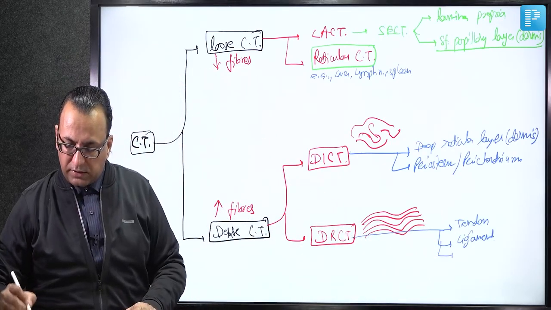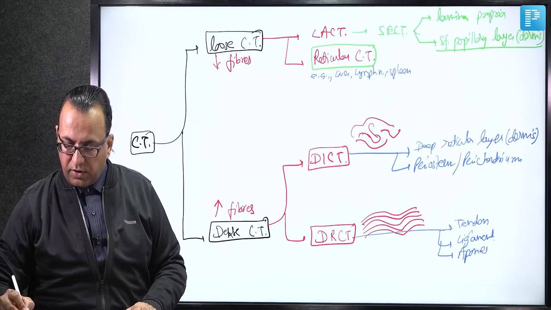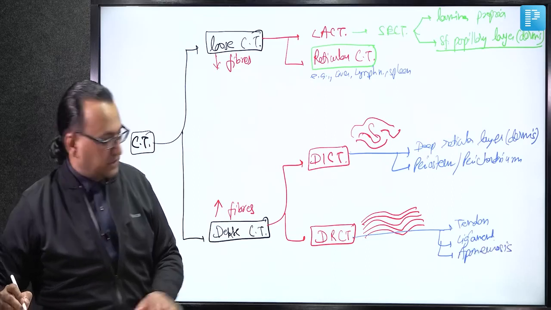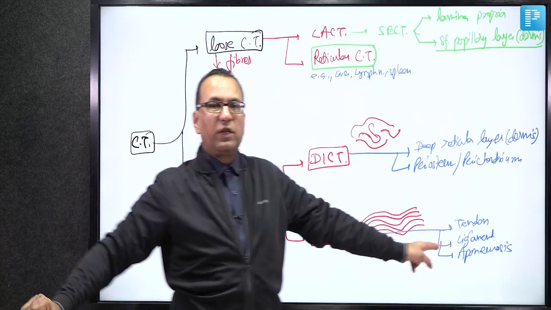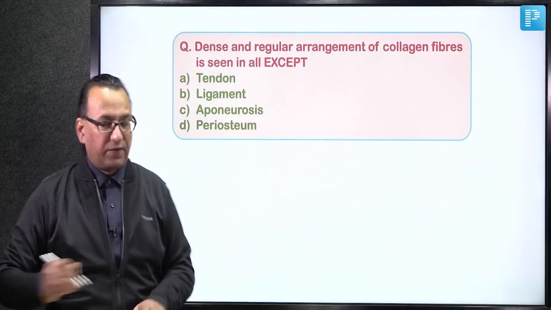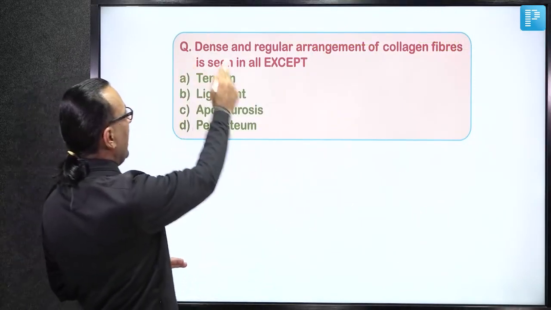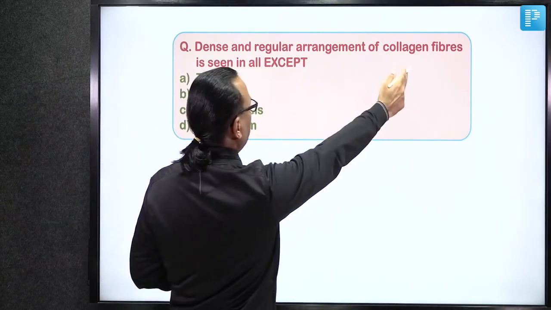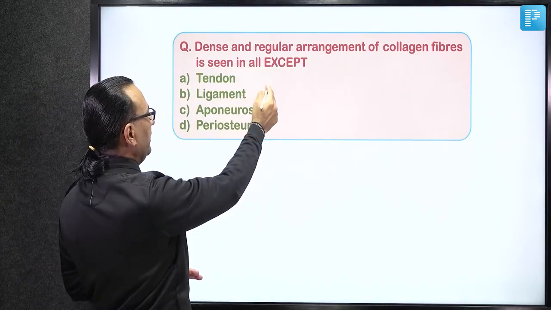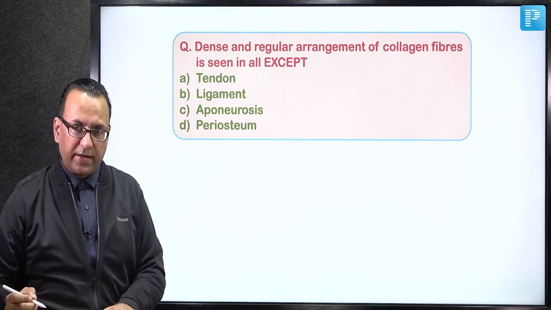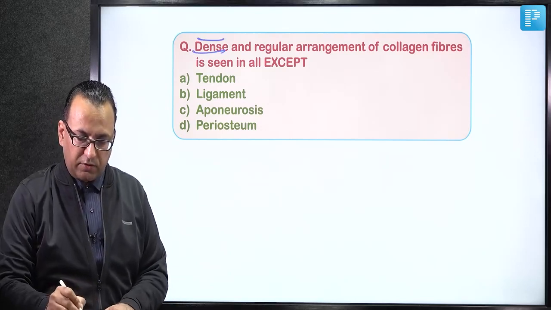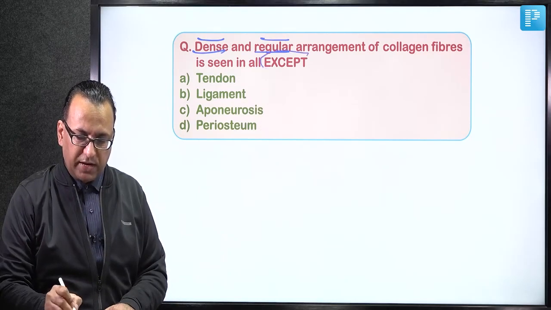So let us look at a question itself where we are supposed to remember this kind of information to find the appropriate answer. This question is asking: dense and regular arrangement of collagen fibers is seen in all except. As we know already, if we are talking about dense and regular arrangement, we have seen three examples.